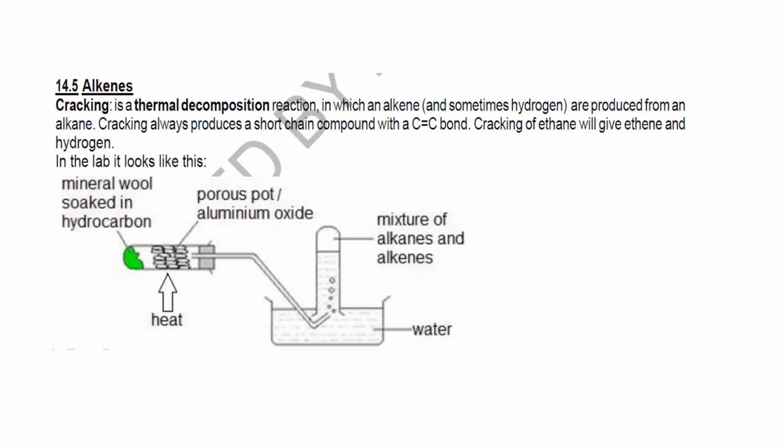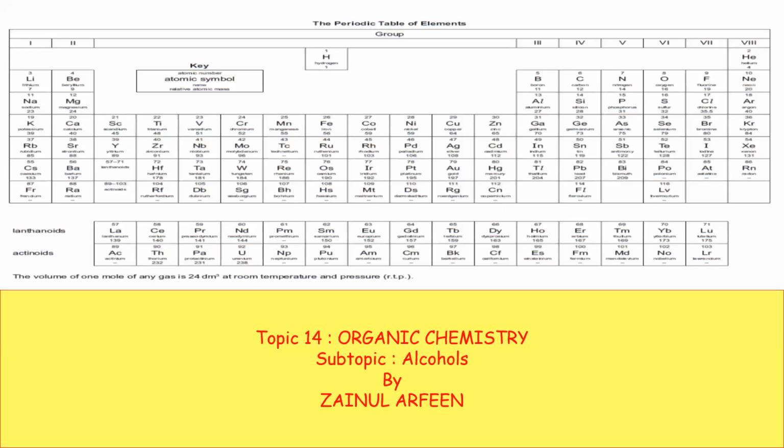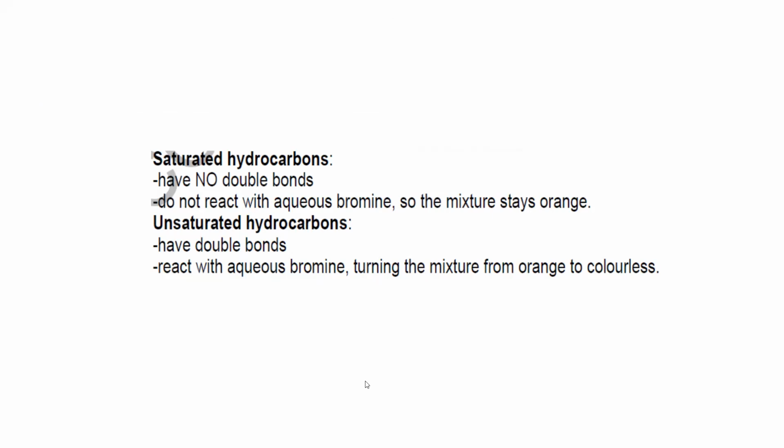So this was about alkenes and how to draw their isomers, as we discussed already. In the last session we discussed this. So if you want to draw an isomer of alkene, what do we do?